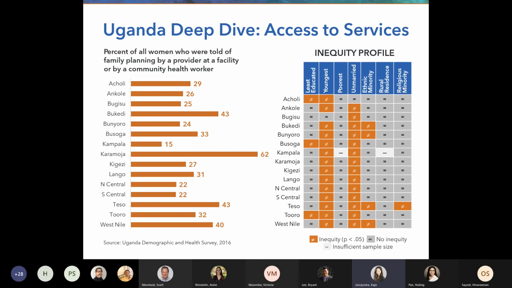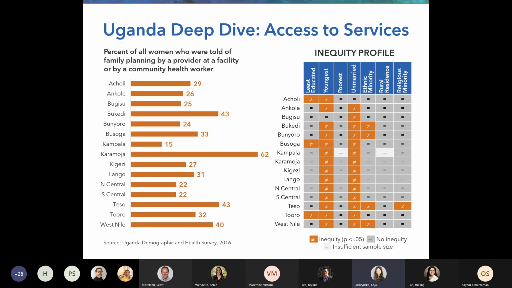So for each of the regions of Uganda, where you see the orange is where there's an inequity. If you just pay attention to the visual distribution of the orange, it's telling us two things. Firstly, that the youngest and unmarried women are experiencing the most inequitable conditions when it comes to access to services.